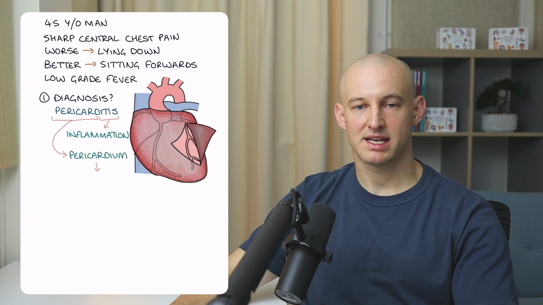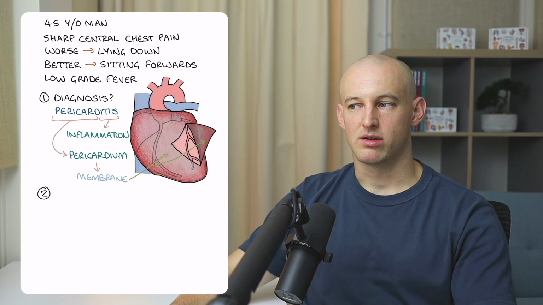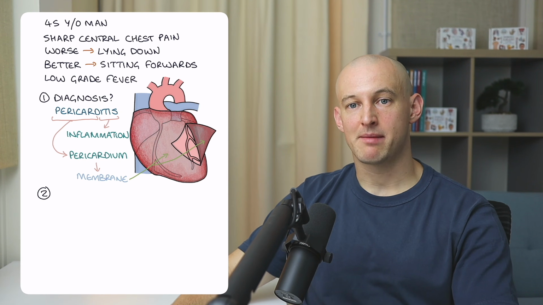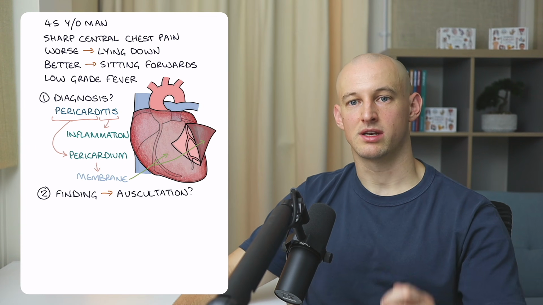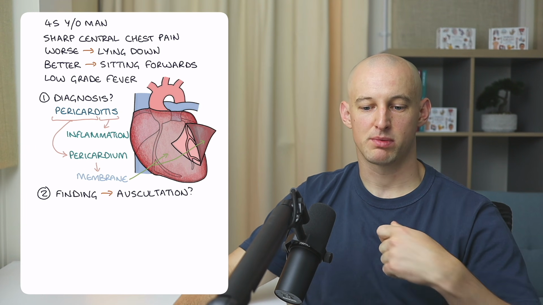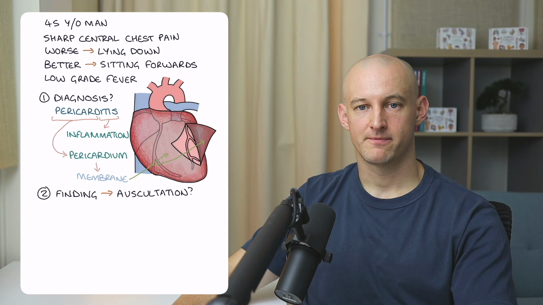The pericardium is the membrane that surrounds the heart. Question 2. What is the key examination finding on auscultation? So you listen to his heart with your stethoscope. What's the key thing that you'll hear?